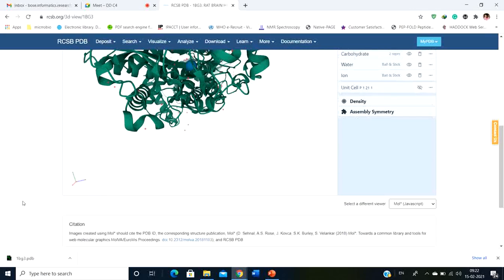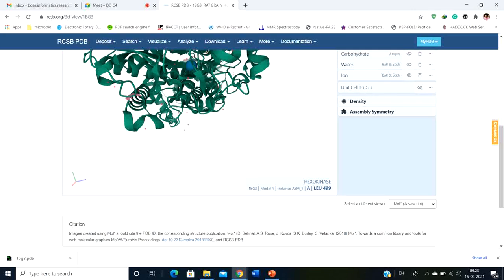To identify which atom is which, as I point to any atom, you can see in the bottom of the screen that it identifies the residue. In this case, this is lysine 501, this is glutamine 502, this is arginine 500.